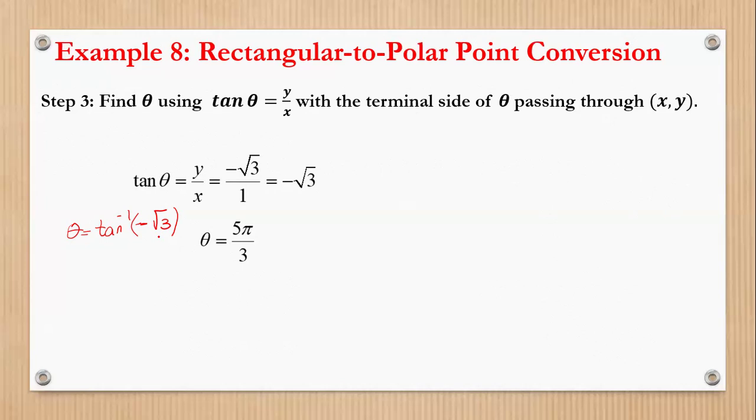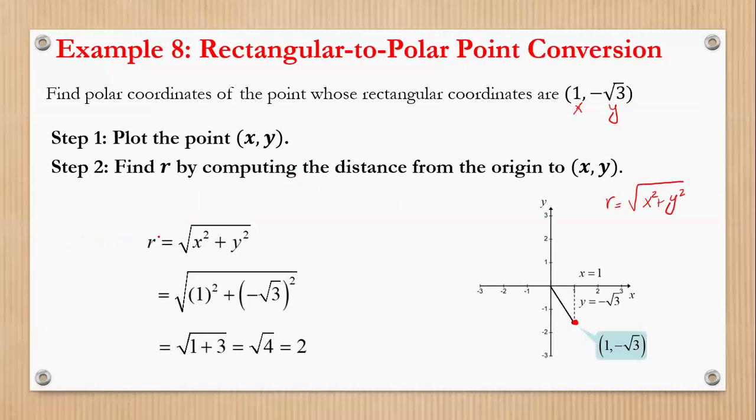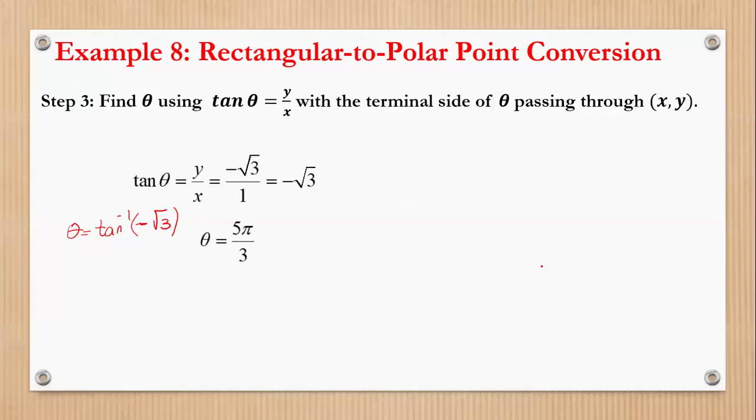And using the reference angle, you can find that theta must be 5 pi over 3 because tangent is negative, and the only quadrants where tangent is negative are quadrant 2 and quadrant 4. So the angle must be in quadrant 4. If you plot the point first, it gives you an idea where the angle is. And in quadrant 4, for sure, it cannot be pi over 3. It should be 5 pi over 3.